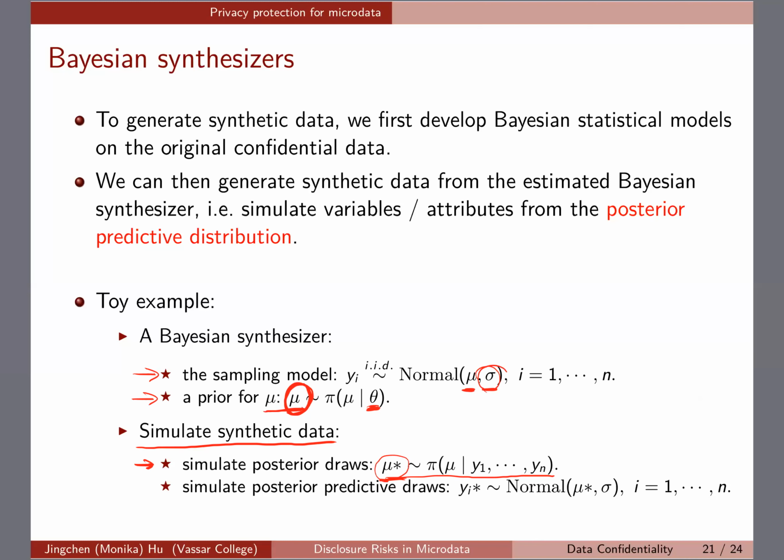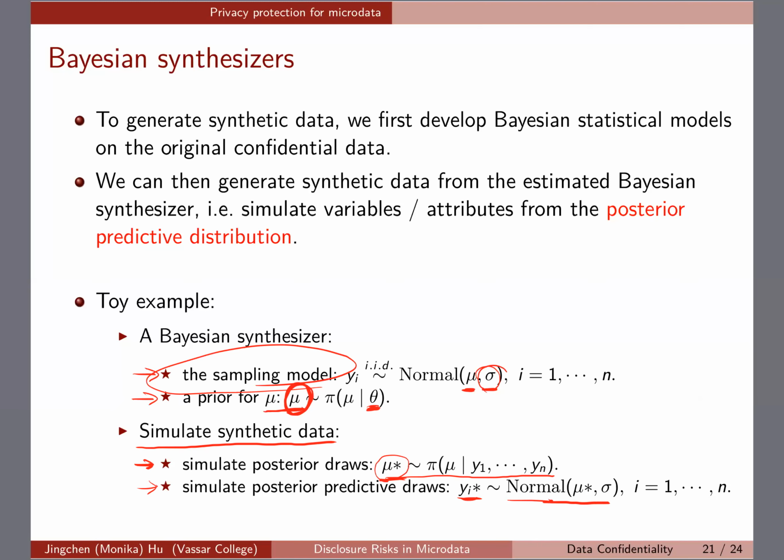And then once you have that, to generate new synthetic data for the y's, we're using yi star here. And it's just going to come from the sampling model. The sampling model is the same as what you developed before.